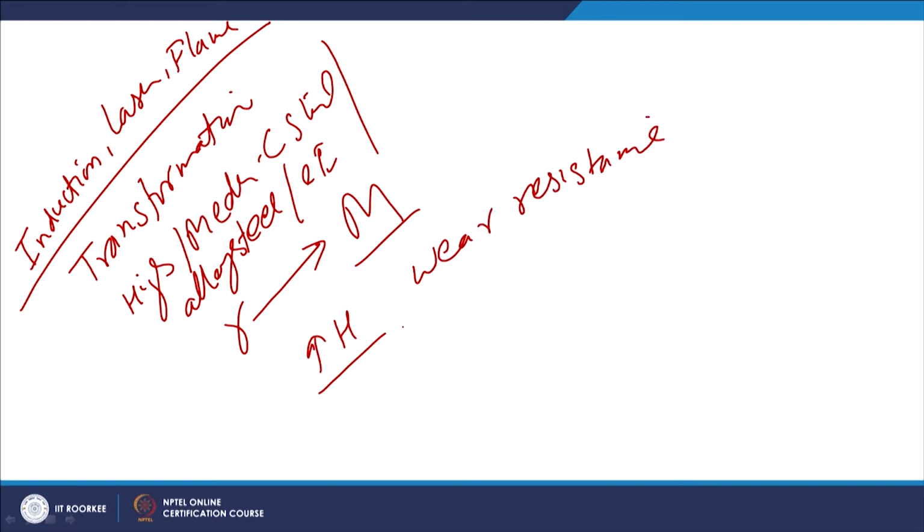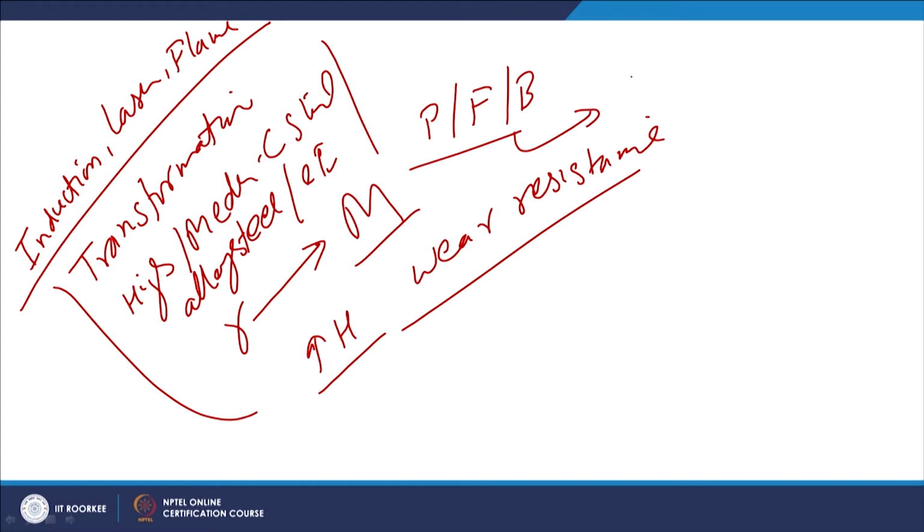In this case no change in chemical composition is achieved, only the surface structure is modified from soft phases like ferritic, pearlitic or bainitic to refined pearlitic, bainitic or martensitic. These structural transformations help in improving the hardness, which in turn helps to improve the wear resistance.